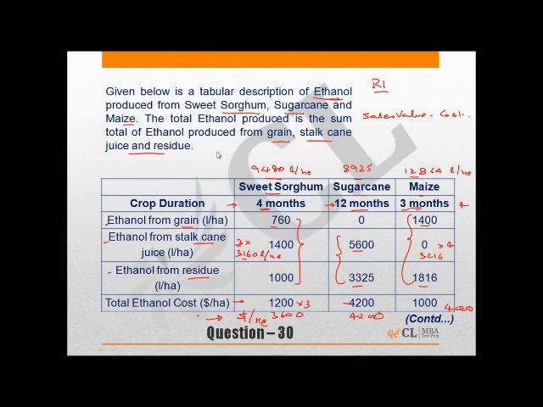So if I do 27 by 50 of this, 27 by 50 of this, and this, I'll have the sales value. Looks like a huge amount of work, but don't start your calculation. Let us move to the next slide and check out if we can cut down on calculations.